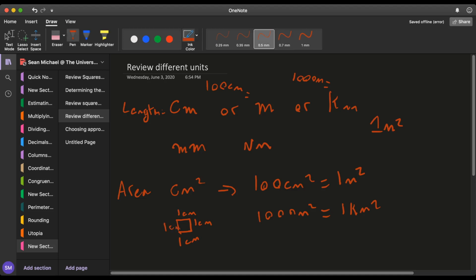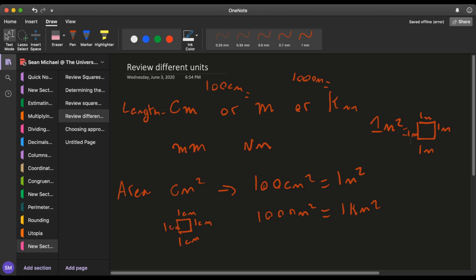When we have 1 meter squared, that's going to equal a box that is 1 meter in size on each of these sides. So it's going to be a bigger box. Obviously I can't display a meter big, but you kind of know a meter stick. Imagine creating a box out of meter sticks. It's going to be a lot bigger than a box made out of centimeters, because inside of a box of meters, you could fit 100 boxes of centimeters.